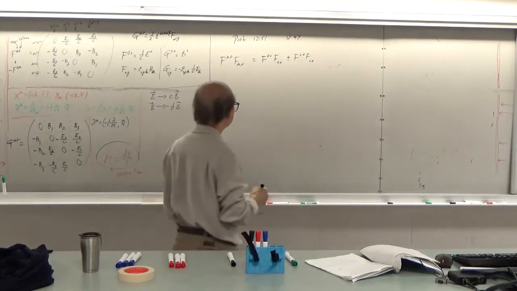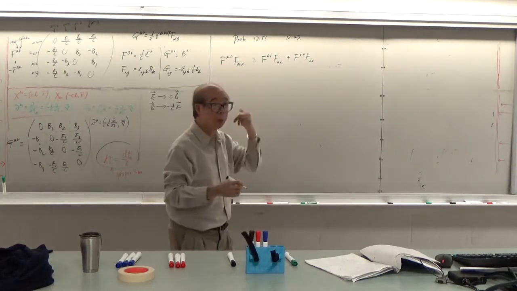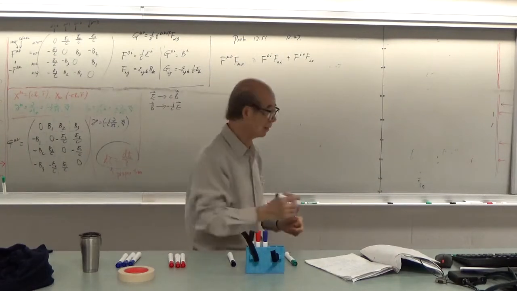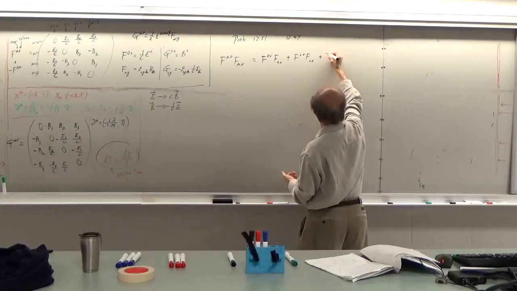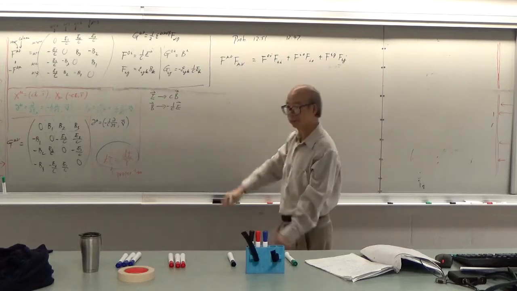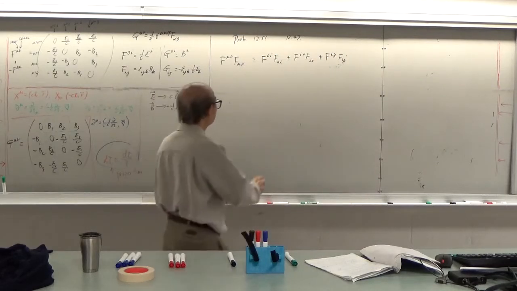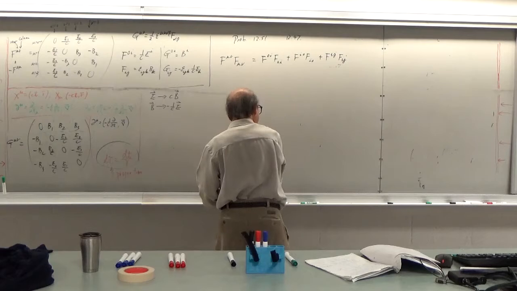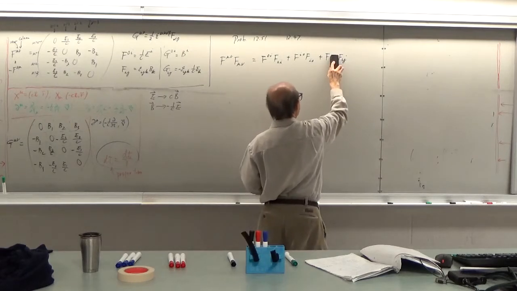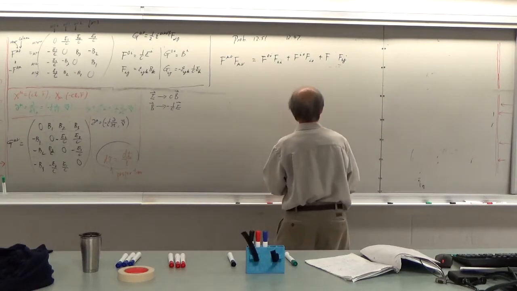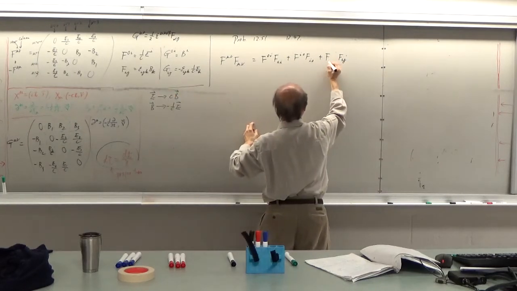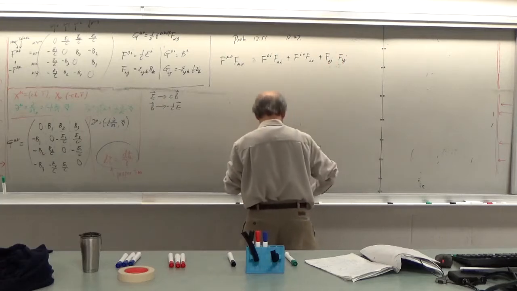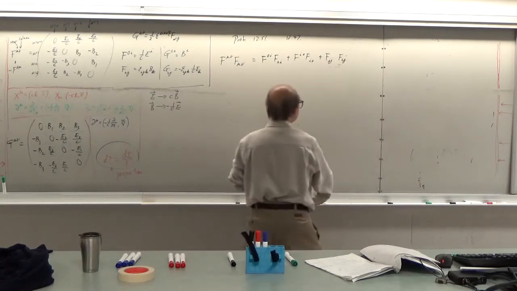However, you remember that mu and nu can both take on spatial indices. That's the only thing that's left. Plus Fij, Fij. And for Fij, since i and j are spatial indices, without penalty I can lower it to be downstairs without any penalty.